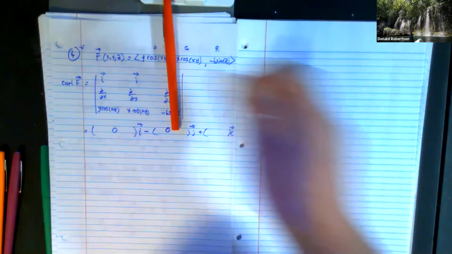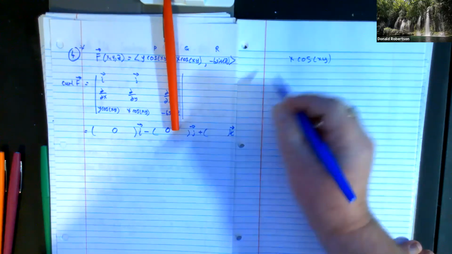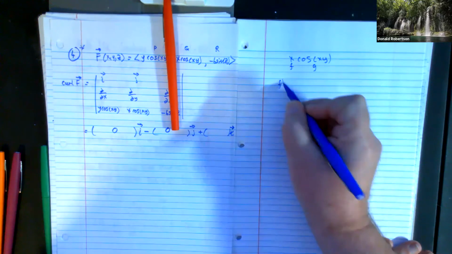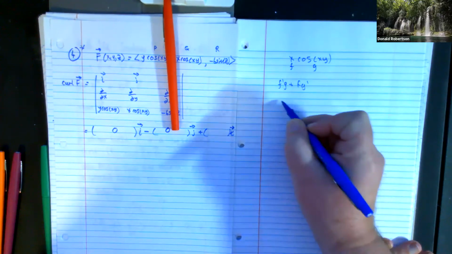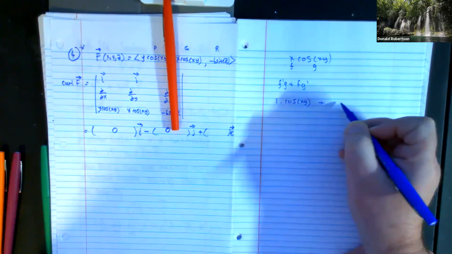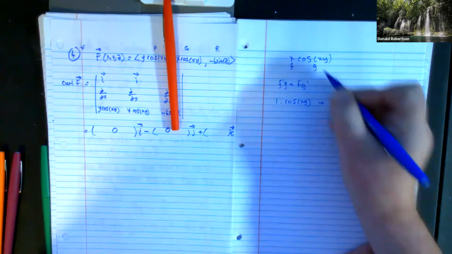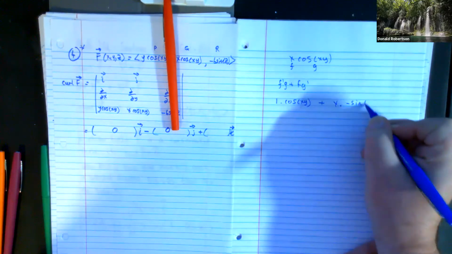So here it is. With respect to x, I'll do essentially a product rule on it. f dash g plus f g dashed. That's going to be 1 times this cosine, plus this guy times the derivative of this, which is negative the sine of xy.